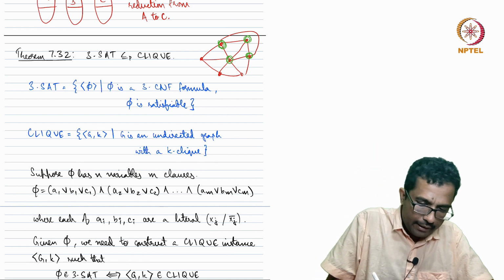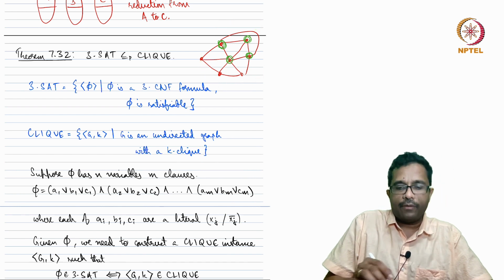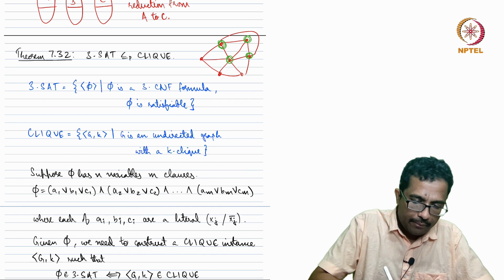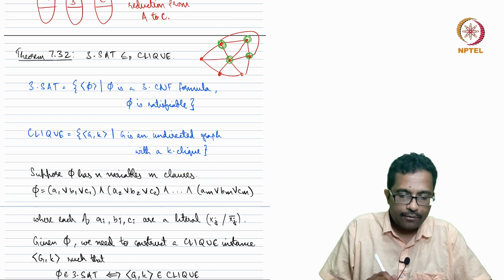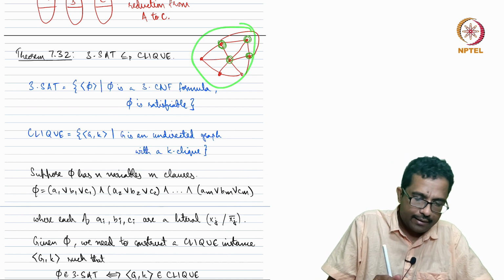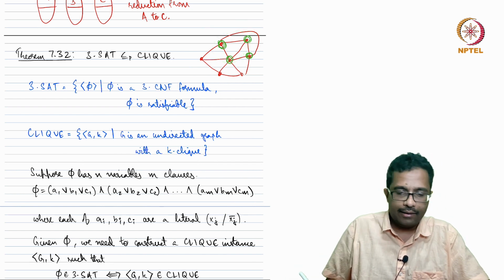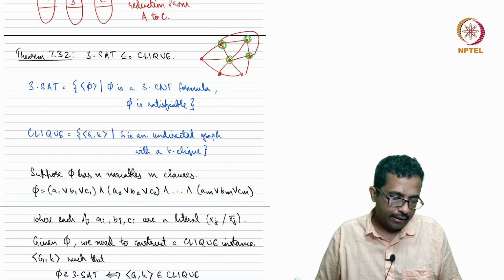So if this graph that we have drawn over here is given with the number 4, it will be a yes instance with K equal to 4. But if it is given with the number 5, it will be a no instance, because there is no clique of size 5. If it is given with the number 3, again it is a yes instance, because you could take these 3 vertices and that is a 3-clique, right?